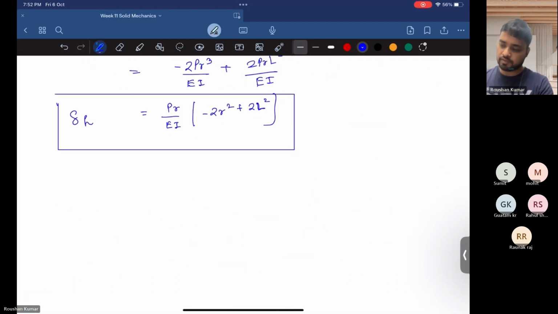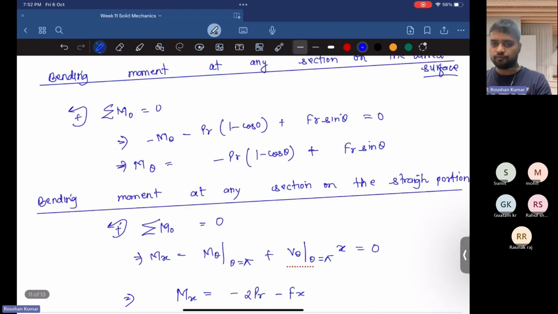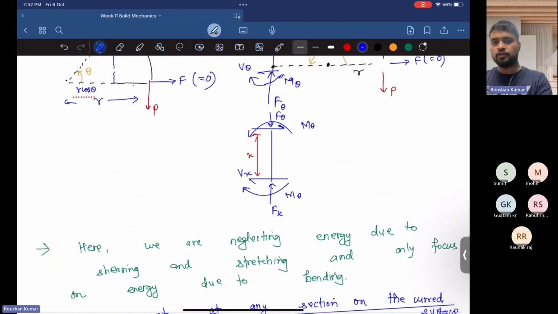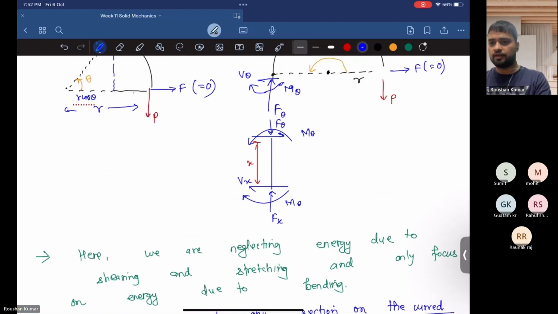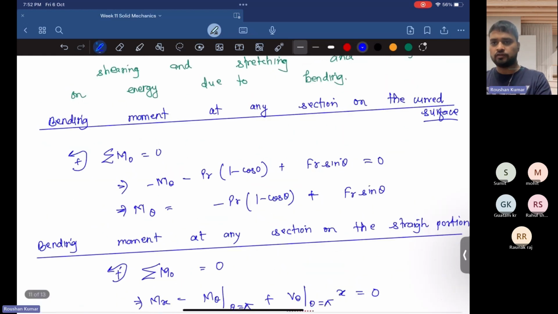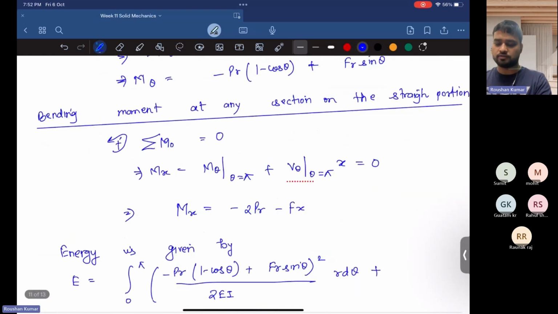Now the question says, if the vertical and horizontal deflections are equal, then find the ratio of big L to small r.